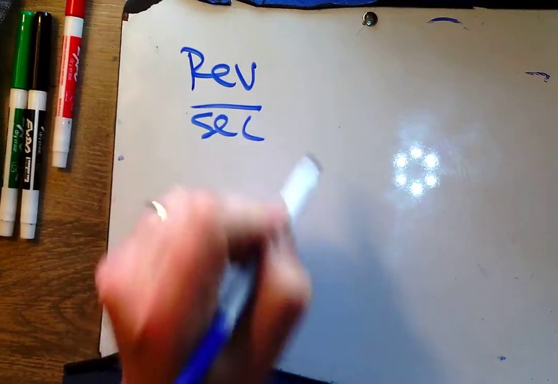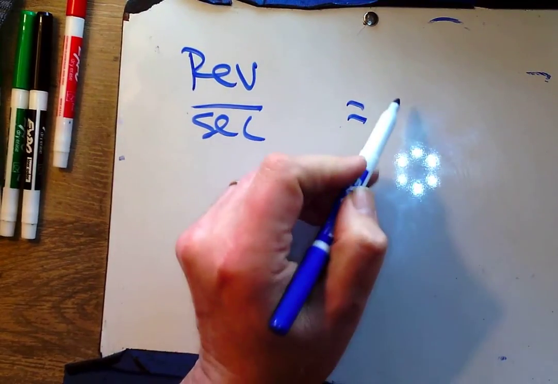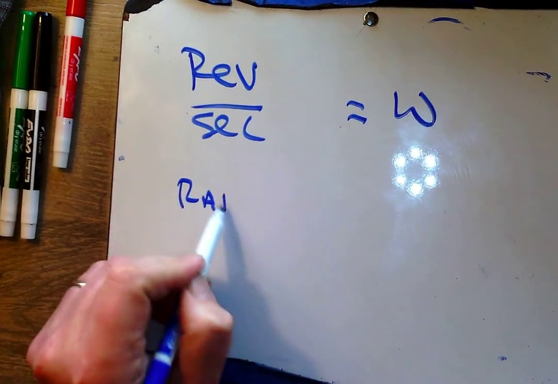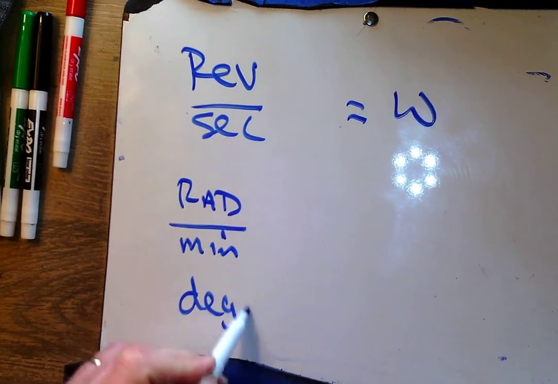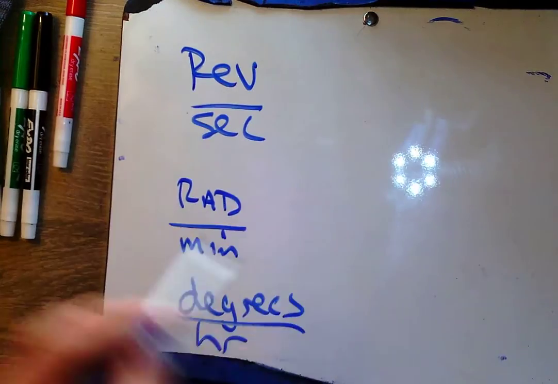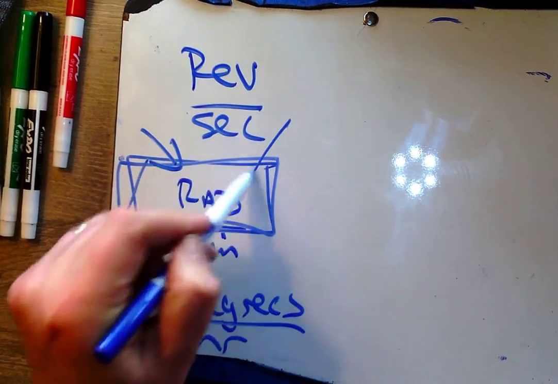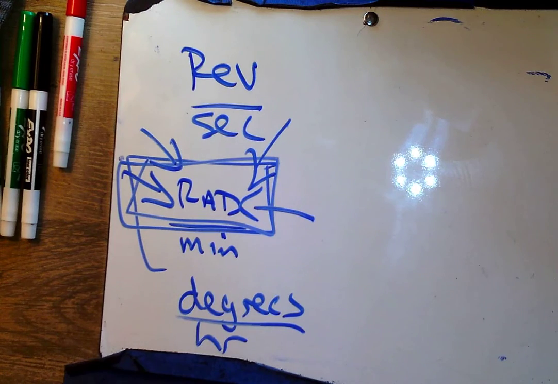Revolutions per second is a type of angular velocity. So is radians per minute. So is degrees per hour. However, remember, I told you videos ago that radians is the more common.